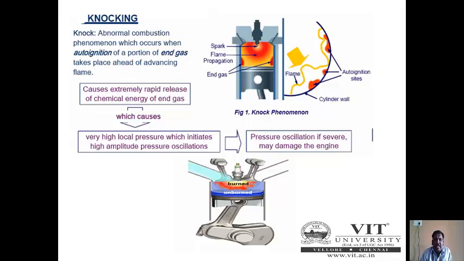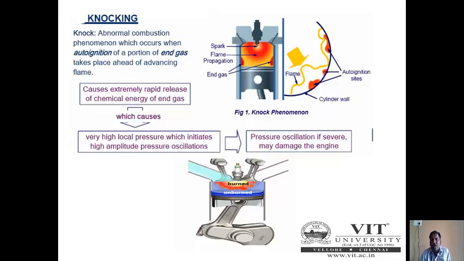Knocking in an SI engine is the abnormal combustion phenomenon which occurs when auto ignition of a portion of the end gas takes place ahead of the advancing flame. Look at figure 1. Knocking is due to the auto ignition of a portion of the end gas ahead of the flame. Once the flame is generated from the spark plug, it travels towards the cylinder wall.